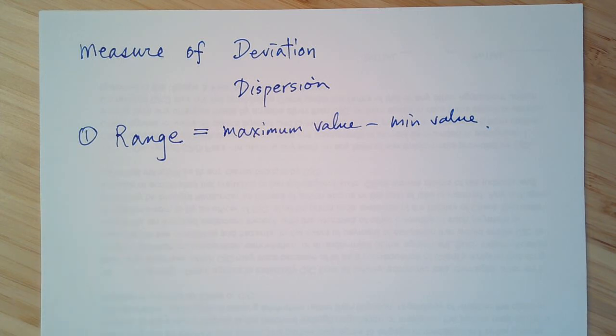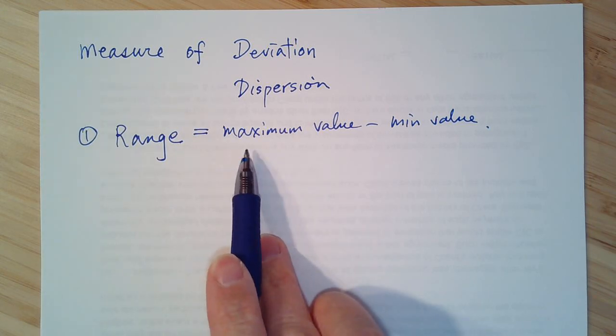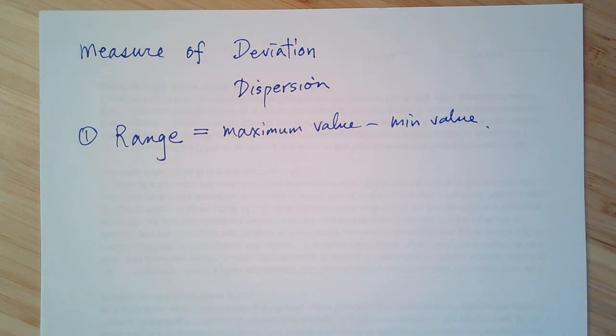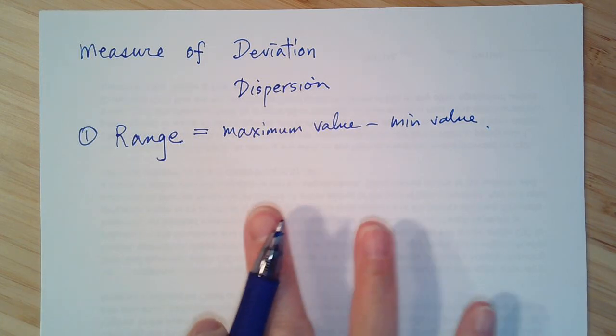We have domain and range. Domain is what x values can be, and range is what y values can be. However, in statistics, when we have a data set and we talk about the data range, that is the maximum value of the data set minus the minimum value of the data set. That will be your range. So this is a very easy concept.